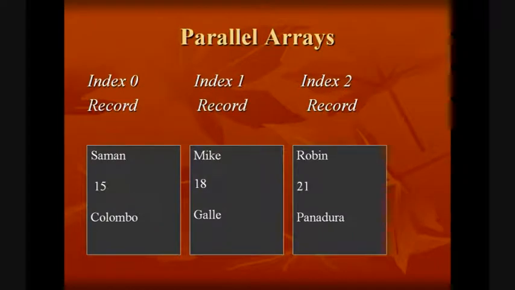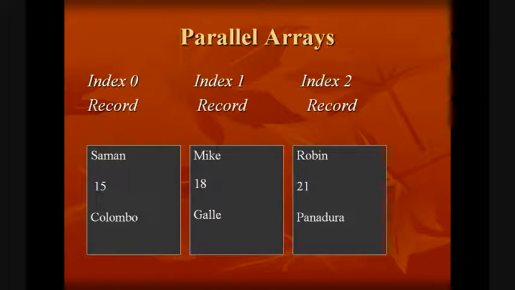This slide clearly shows the above explained concept and how records are formed out of same indexed elements in parallel arrays. Let's consider the record formed out of index 0 values in the parallel arrays.